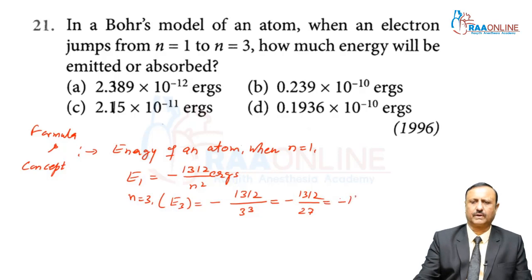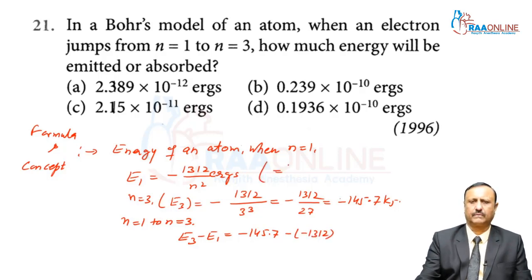Answer is minus 145.7 kilojoule per mole. Now, electrons are jumped from n is equal to 1 to n is equal to 3. So, here E3 minus E1 is equal to minus 145.7 minus 1312. Here my dear students, 1 erg is equal to 1 joule. So, minus 1312 joule, both are same. So, here minus 1312.